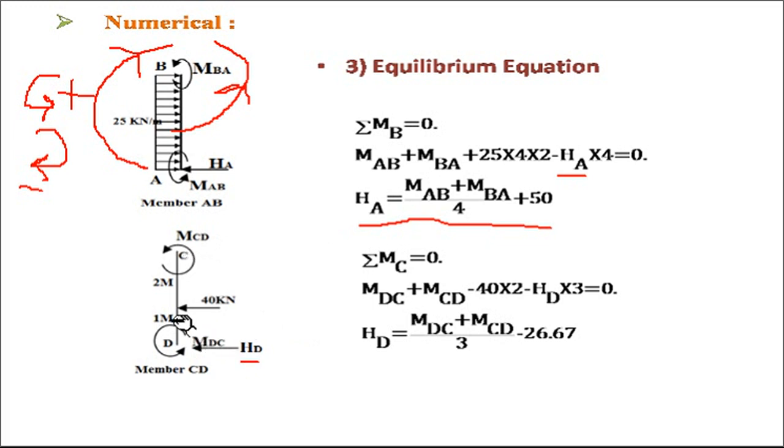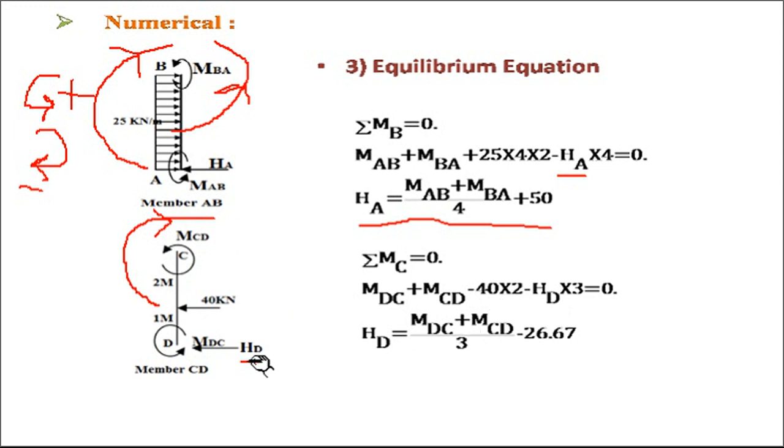Moment MDC is acting in anti-clockwise direction, so plus. Moment MCD is also acting in anti-clockwise direction, so plus. Then the point load 40 is acting in clockwise direction, so 40 into the length, which is 2 meter, and as it is acting in clockwise direction, so minus.